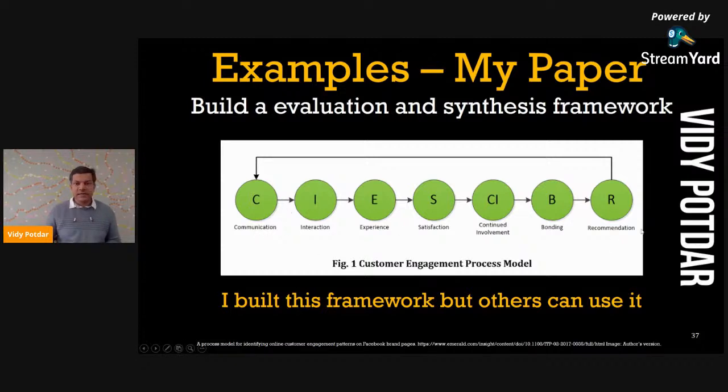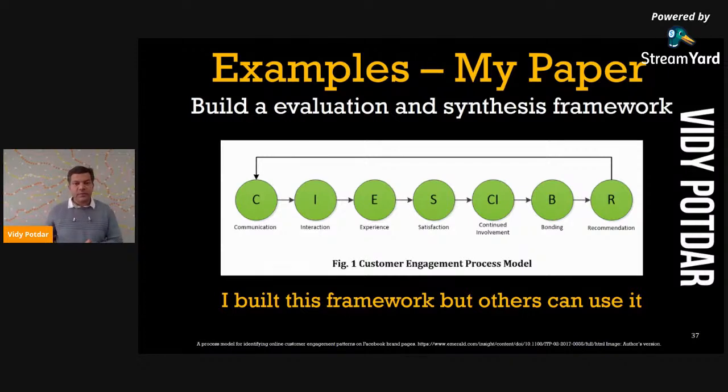Now if you see here, I have built this framework, I have built this model, but others can now use it. If you are a marketing researcher and you want to do a systematic review, say, this paper was published in 2018, I think, or late 2017.